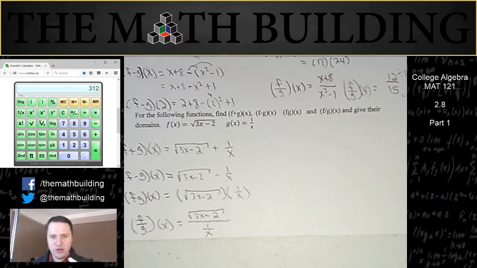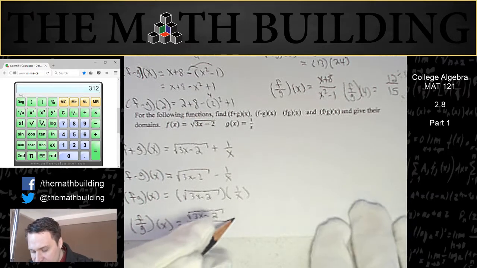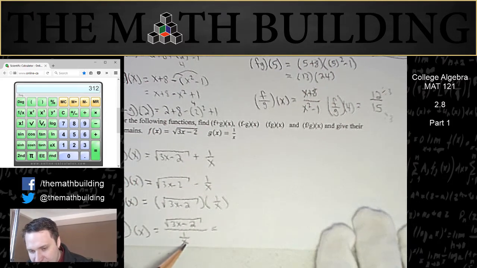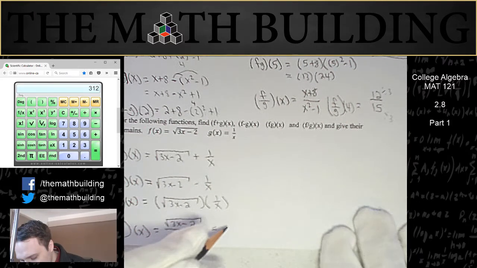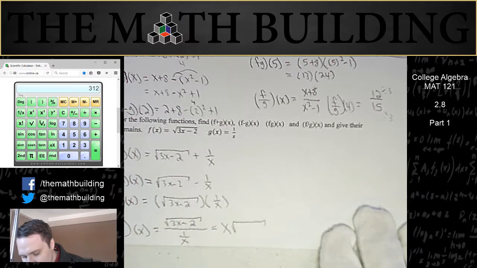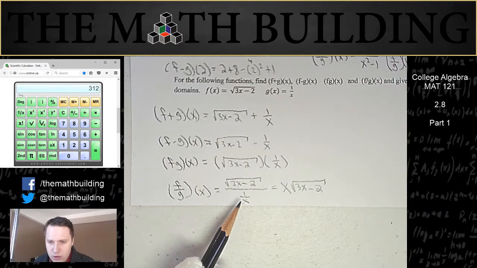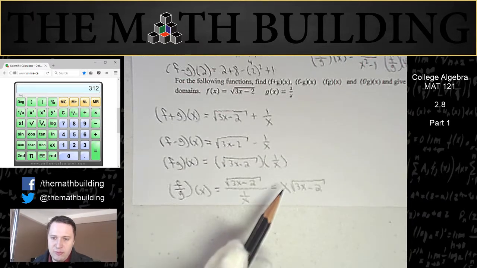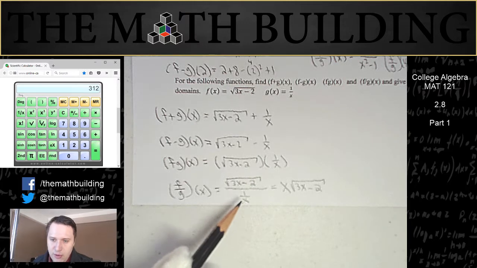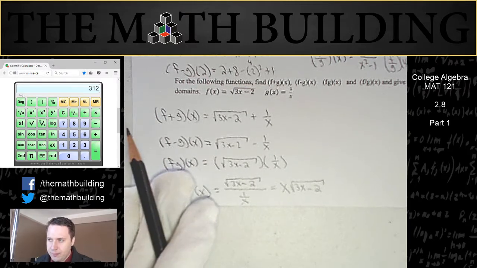Dividing by a fraction is the same as multiplying by its reciprocal. So in fact, this simplifies to x coming up on top. So it's x times the square root of 3x minus 2. That one was a little tricky, but dividing by 1 over x is the same as multiplying by x, because it's copy, multiply, flip, find the reciprocal.